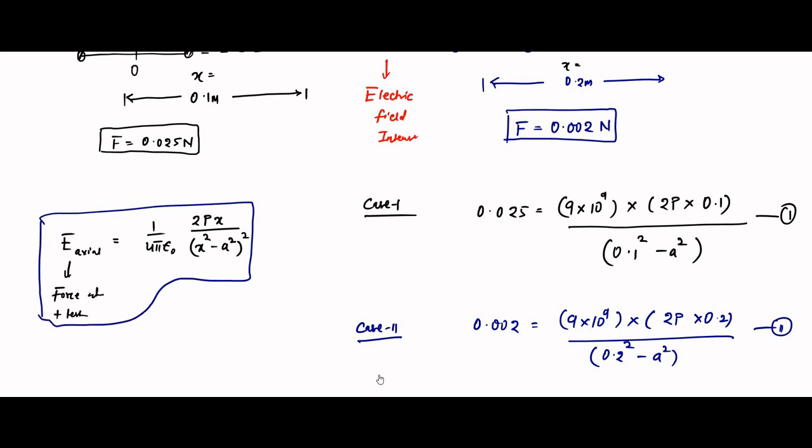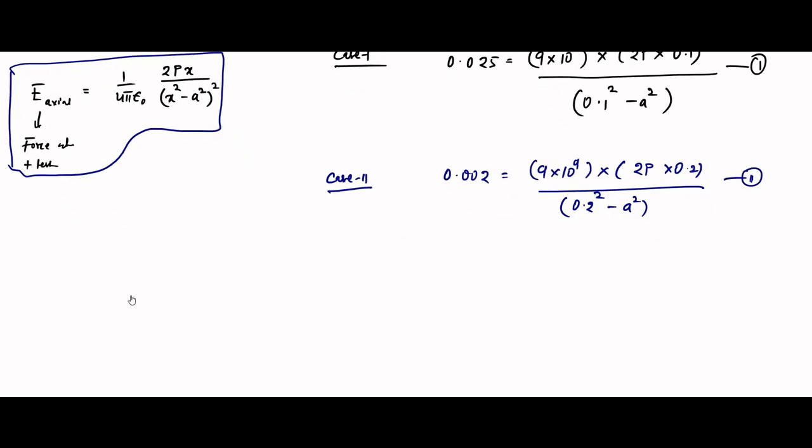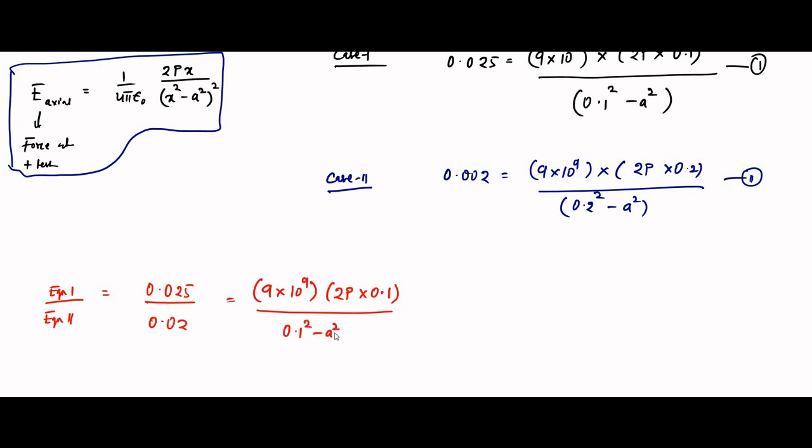Now if we divide equation 1 by equation 2, we will get 0.025 by 0.02 is equal to 9 into 10 to the power 9 into 2p into 0.1 by 0.1 square minus a square, divided by 9 into 10 to the power 9 into 2p into 0.2 by 0.2 square minus a square.